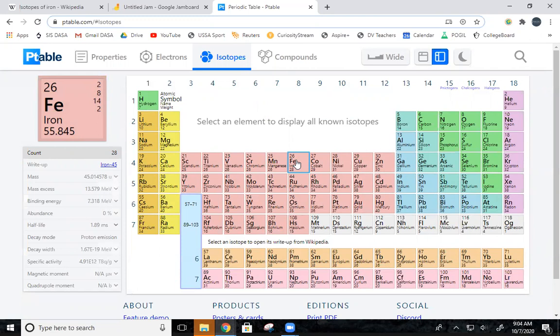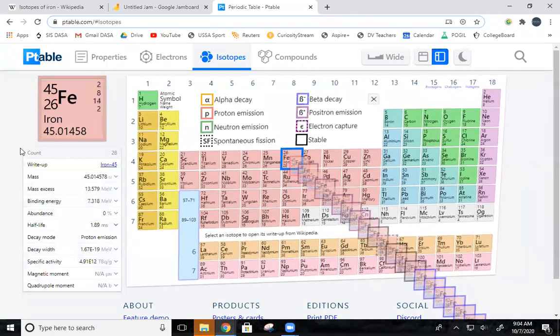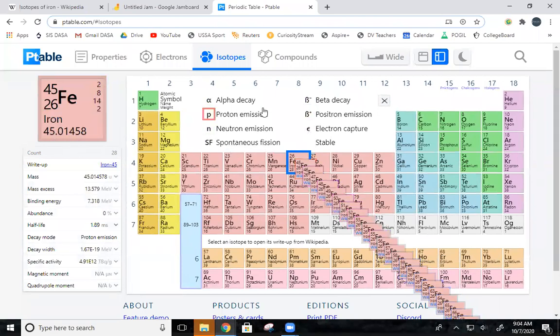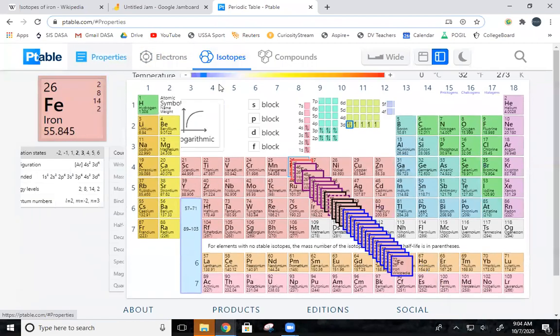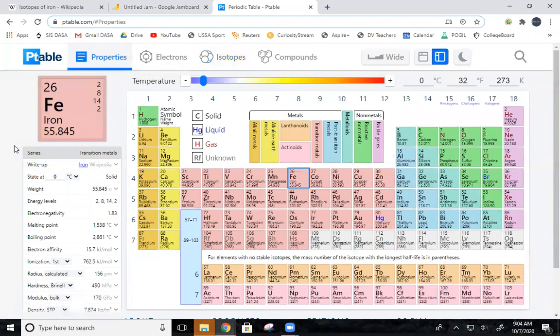It's very, very similar. The actual average is 55.8, and I got 55.9. Very similar. So that is how it is determined.